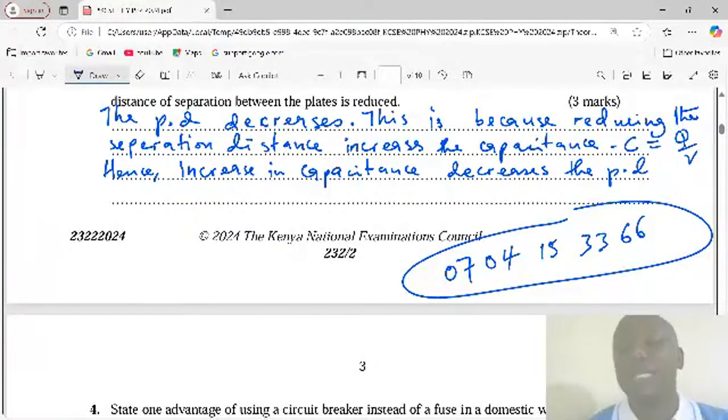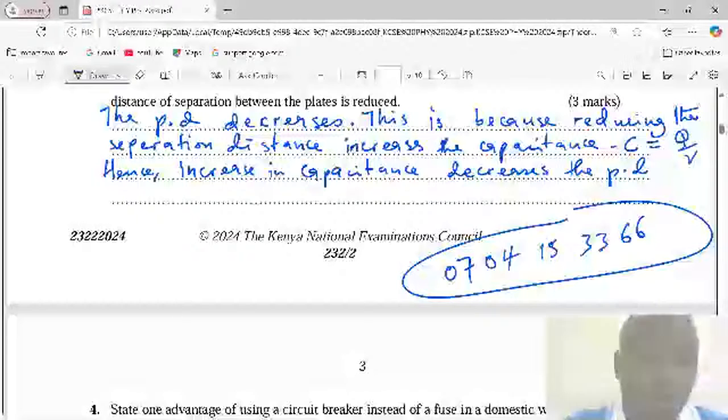It will be an automatic process because we can see from the equation that these are inversely proportional quantities. They are inversely proportional.